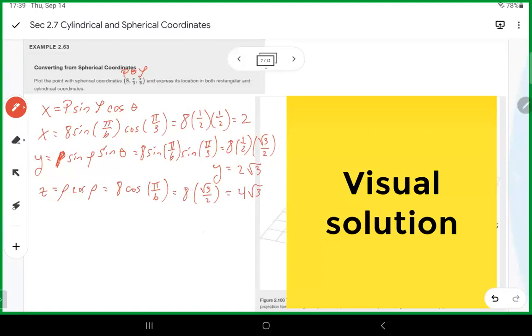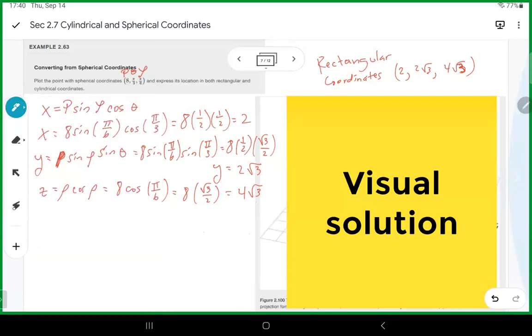So your spherical coordinates give us rectangular coordinates. So our rectangular coordinates are 2, 2 root 3, and 4 root 3. So that's the first part.